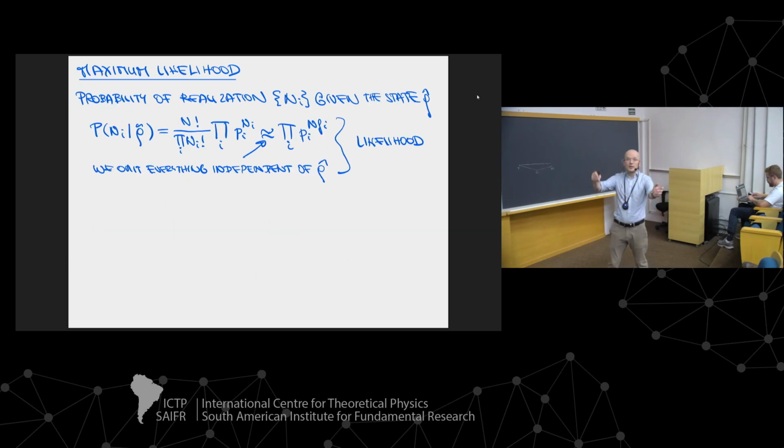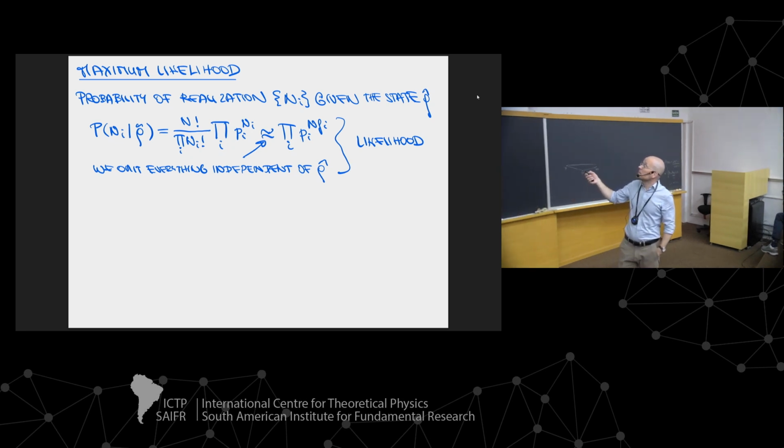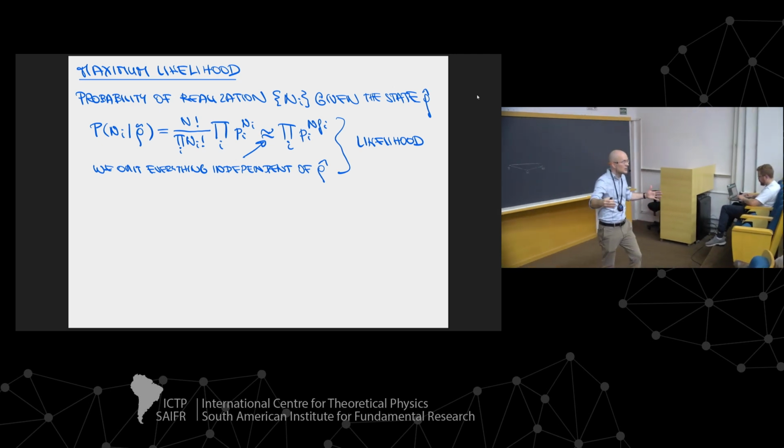Okay, so now finally, what is the starting point for maximum likelihood? We have some set of measurements, and we are asking how likely this set of measurement outputs can occur, given the fact that we started with some particular quantum state. So we are discussing this conditional probability.